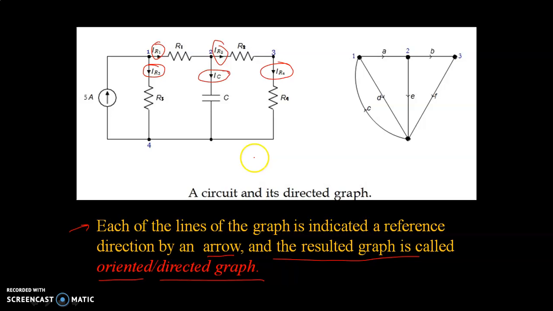What we have done is draw the graph of the circuit given in the previous frame. Now we will just put on the given direction onto the graph. By doing this, we will get an oriented graph or reference graph.